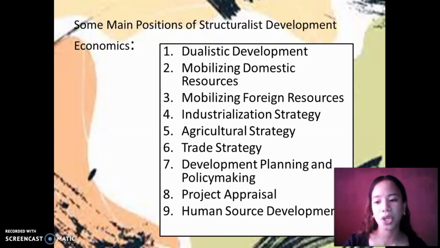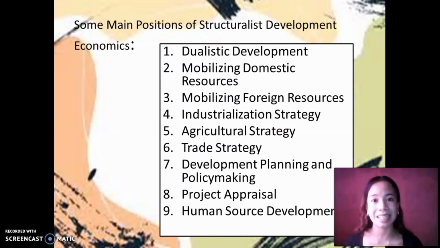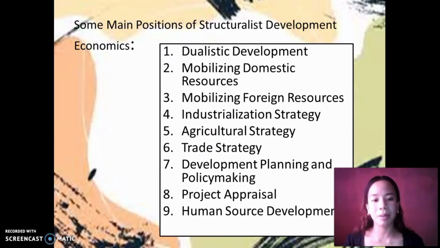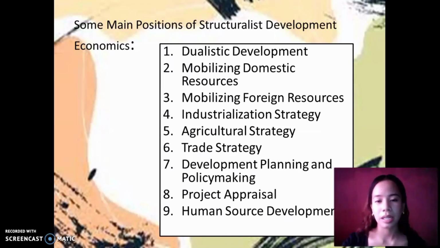Progress in agriculture was thought essential for providing food and raw materials. This means we should focus on agriculture, especially nowadays. Especially nowadays, because the progress in agriculture is really significant. So six, trade strategy.